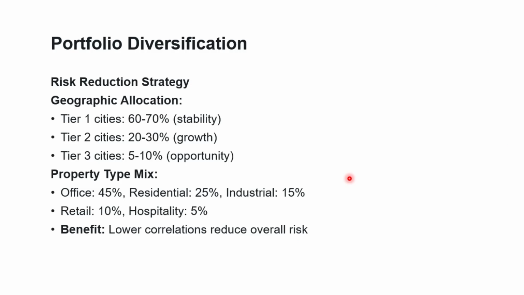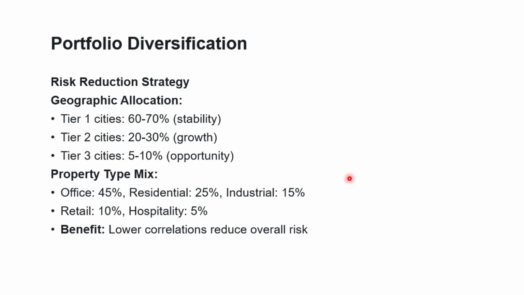So for portfolio diversification, we can go for geographical allocation, we can go for property type mix. Basically the idea is that we are trying to diversify and reduce the danger. Whether we go for geographical allocation, diversification, or property type mix, we can do all this to lower correlation and reduce the overall risk.